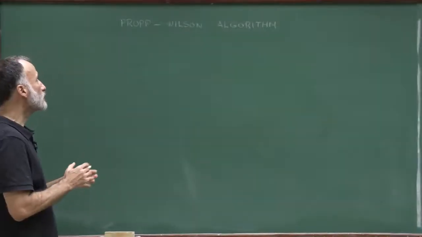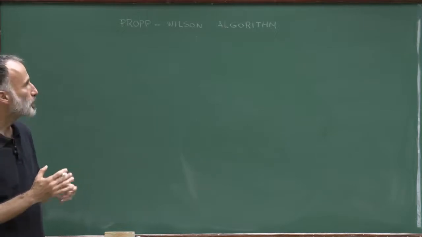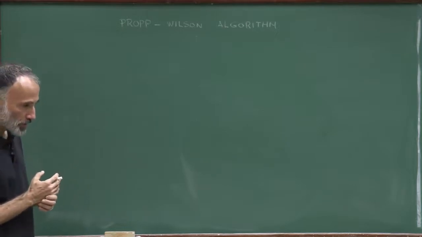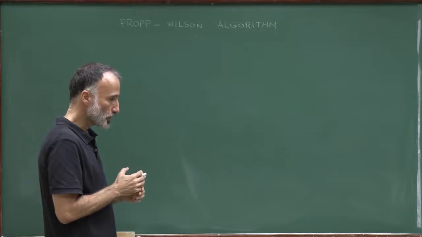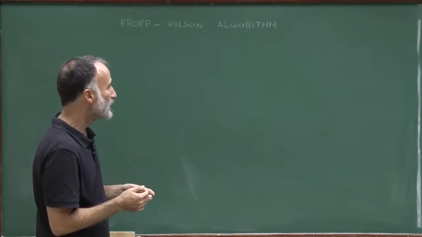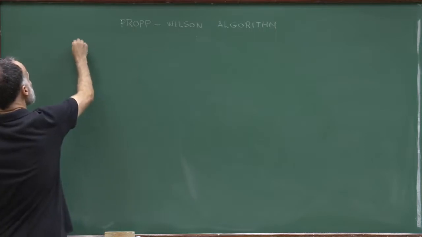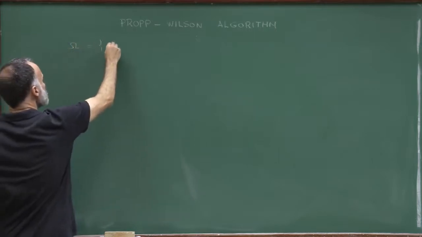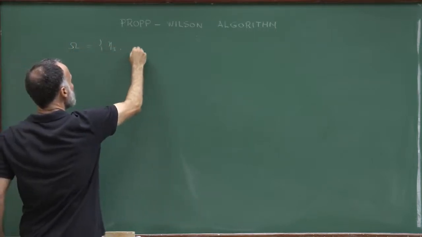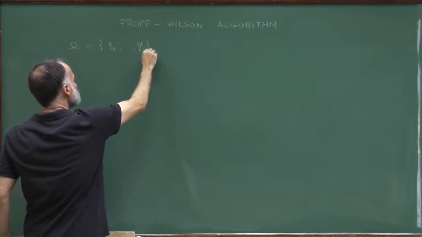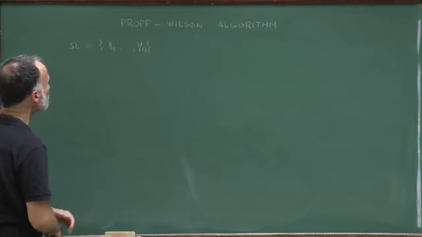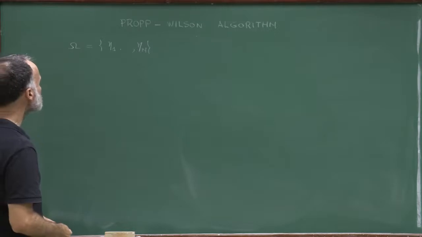So when studying this Propp-Wilson algorithm, you might have an objection. First is that you have to run m chains. Remember that omega is the space eta 1 up to eta m. M represents the total number of configurations.